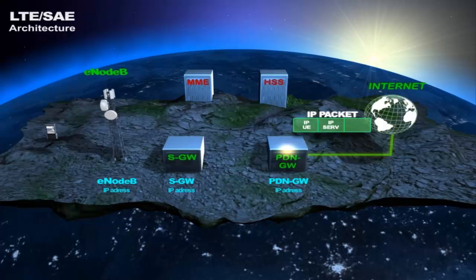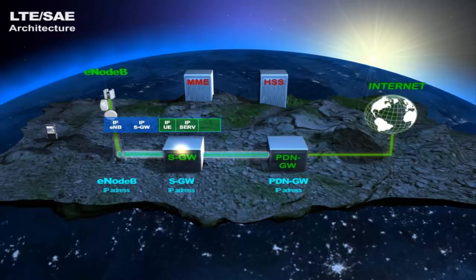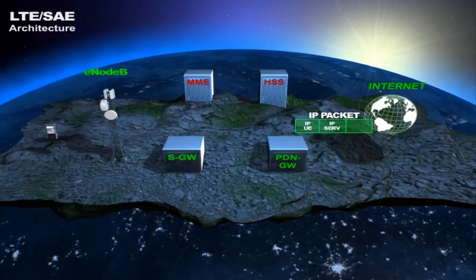When an IP packet arrives from the outside world, the mobile network will put an extra IP header in front of the packet with the internal IP addresses. In this first case, the internal IP addresses of the PDN gateway and serving gateway. When we reach the serving gateway, the outer IP header will be removed and a new one added, with the addresses of the serving gateway and the eNode B.